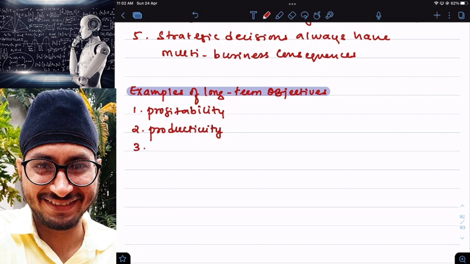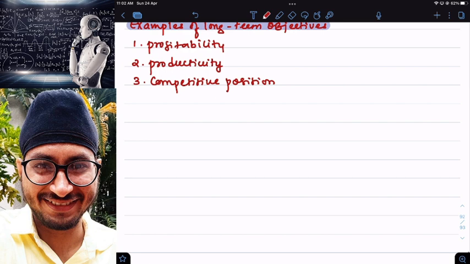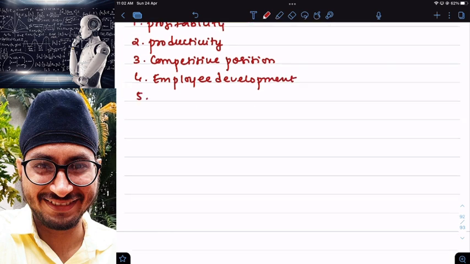Then competitive position. Competitive position means my market share when compared to my competitor. That is again an example of long term objective. Then we have employee development through training, which is one more example of long term objective. Good employee relationships to be maintained is again an example of long term objective.